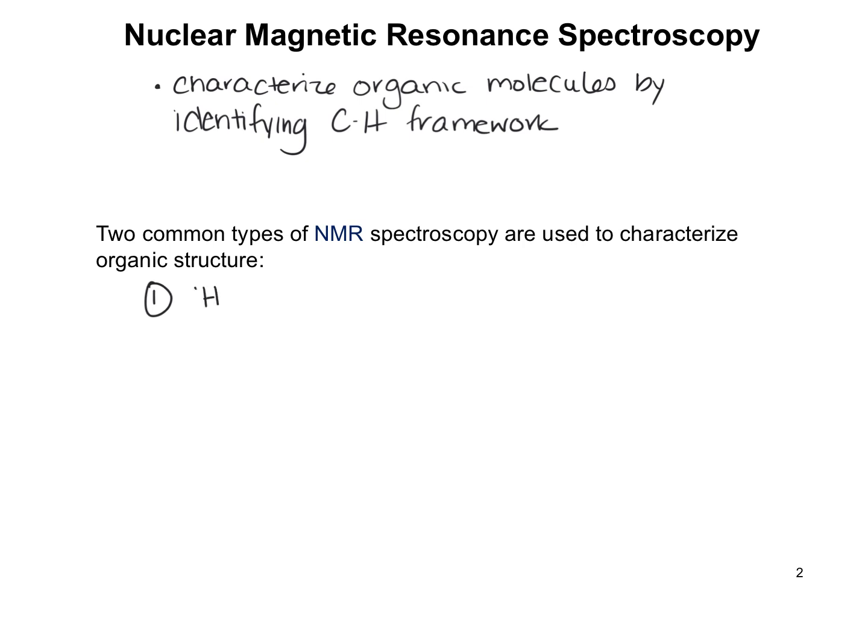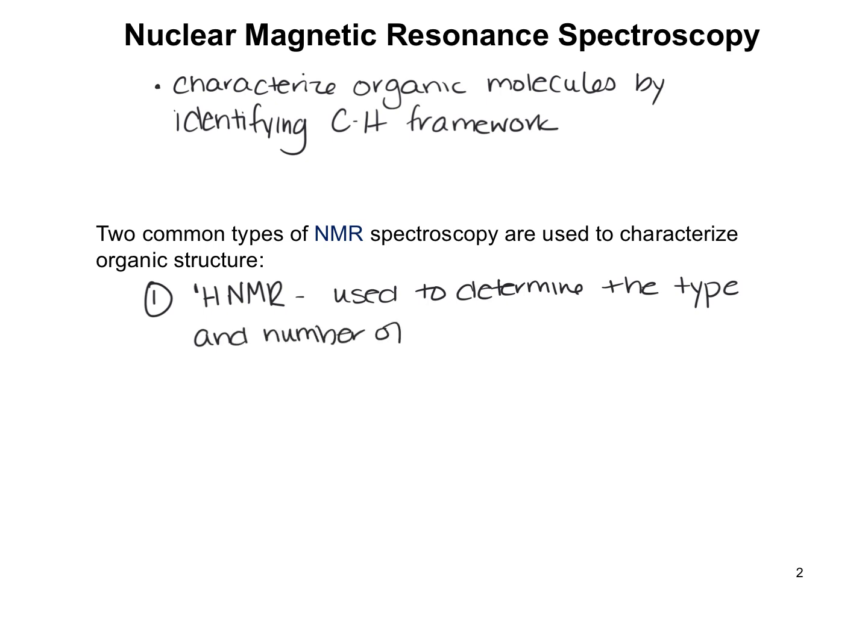One is proton, that's a 1 right there, NMR, right? And this is used to determine the type and number of hydrogen atoms in a molecule.